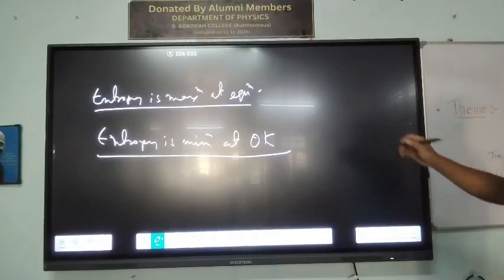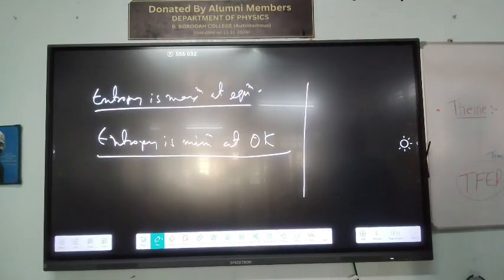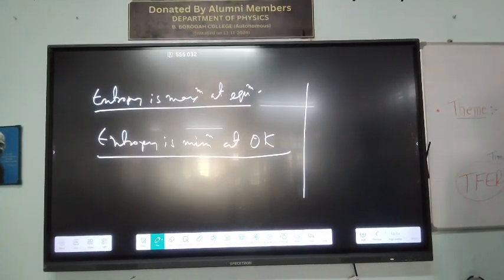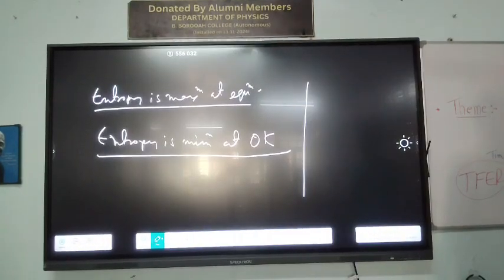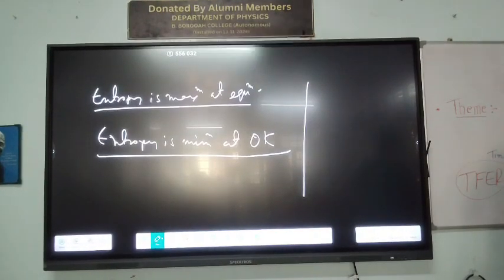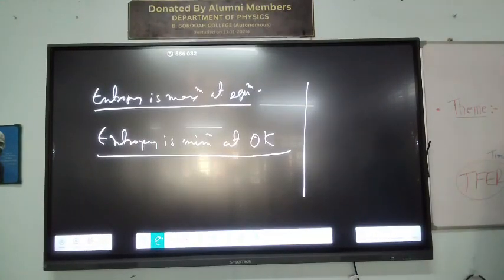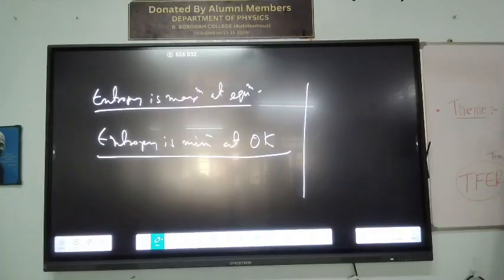So we now came to know about the physical existence of entropy. Randomness is increasing in the system and in the whole universe. All processes are irreversible, and for all irreversible processes entropy increases, and it is going towards equilibrium.